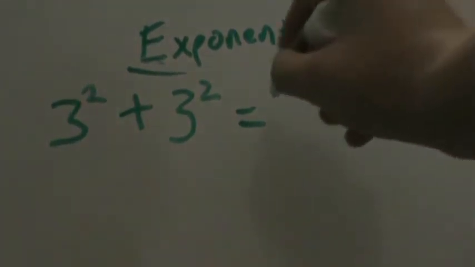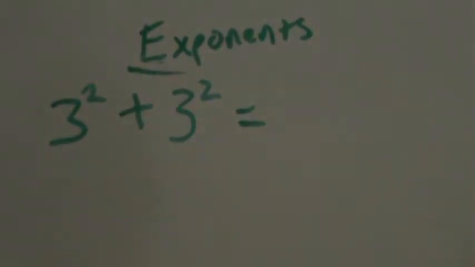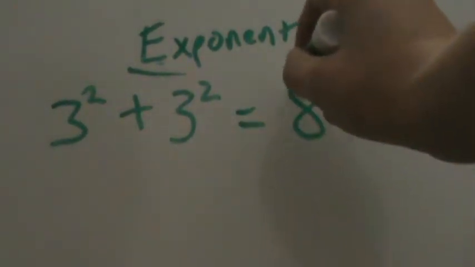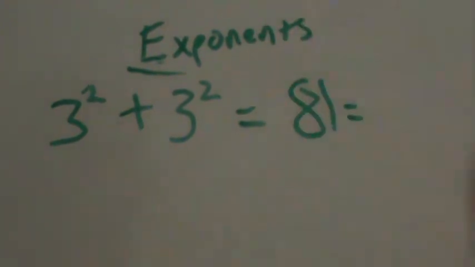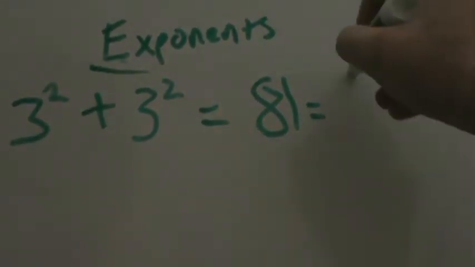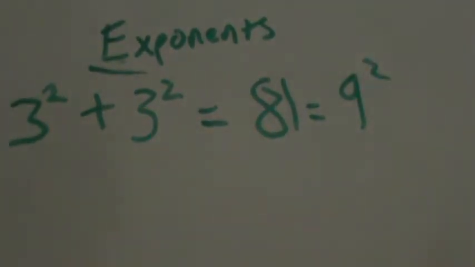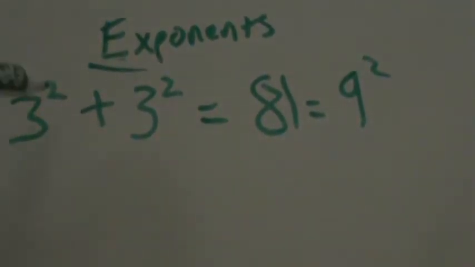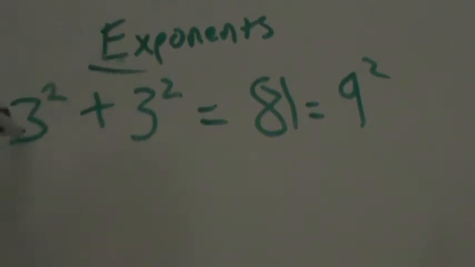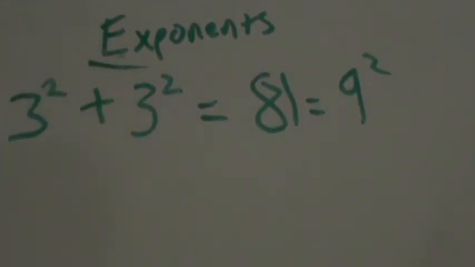So what is this equal to? We know that 3 squared is 9 and 3 squared is 9. So this is equal to 81. But what is 81 equal to? That's equal to 9 squared. But look what we had here. We have the same exponents here, and we have 2 numbers of 3. So how did we get that?